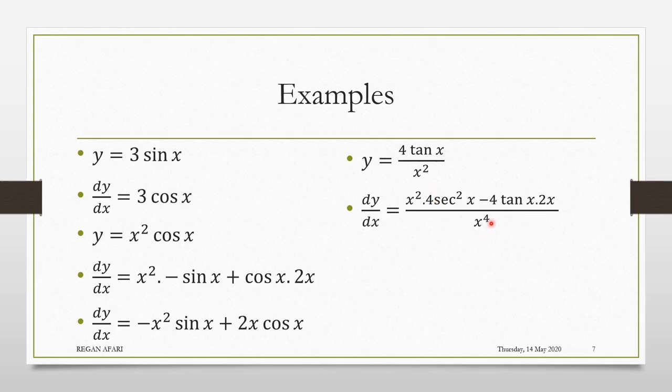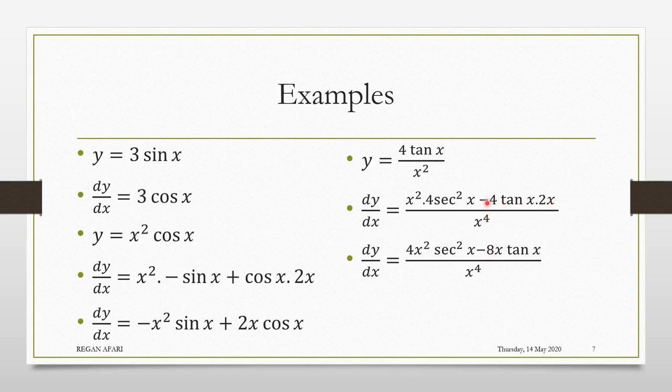Then we clean the numerator. 4 times x squared will give us 4x squared sec squared x. Then there's 2x here and a 4 here; when they multiply, they give us 8.